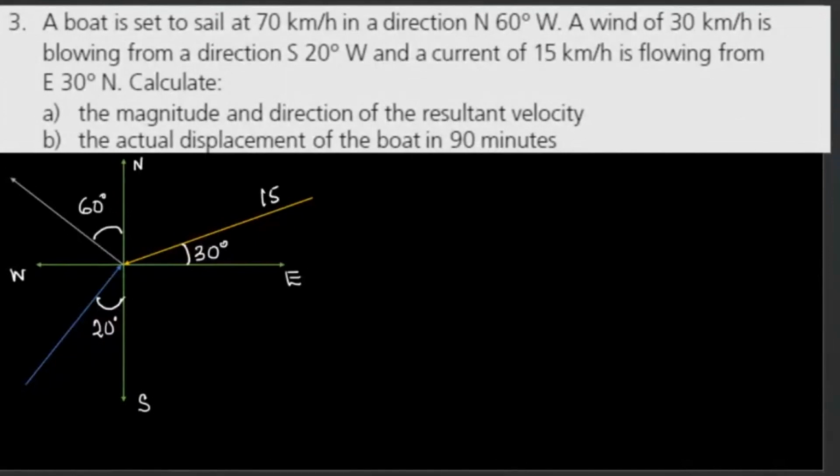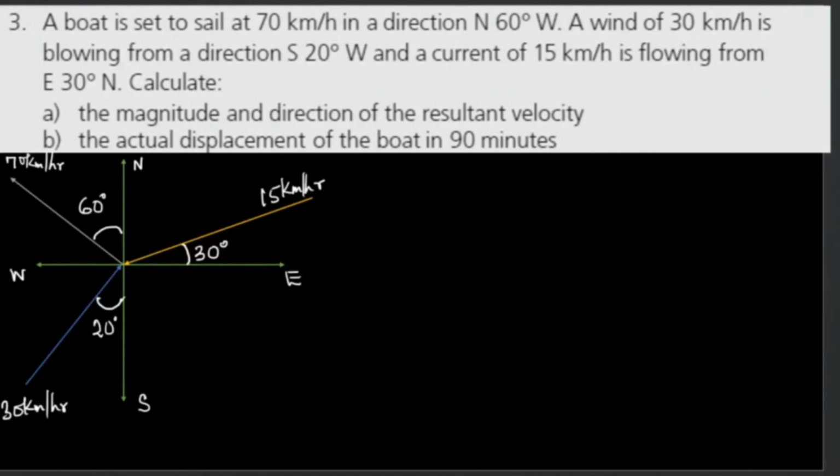This one is 15 kilometers per hour. 20 degrees, this one is 30 kilometers per hour. This one is 70 kilometers per hour. One thing about resultant velocity is that once your diagram is wrong, you're going to get the wrong answer. That is where the understanding comes from.